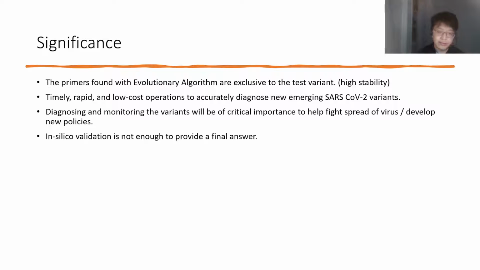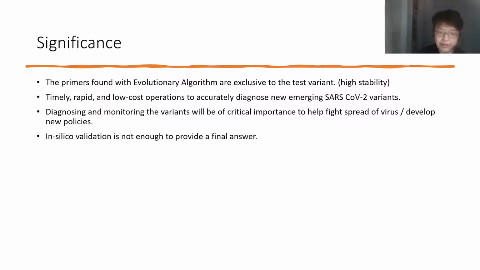Firstly, the primers found with the evolutionary algorithm are exclusive to the particular test variant, such as B117. It means the primer is reliable to test a target variant. It figures out the critical issue of designing primers for variations.